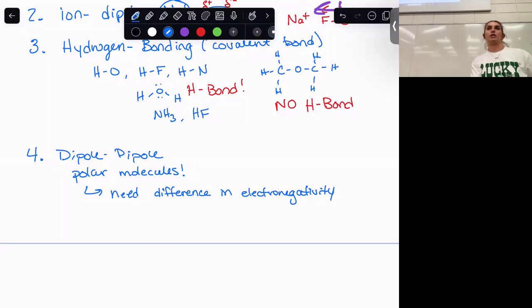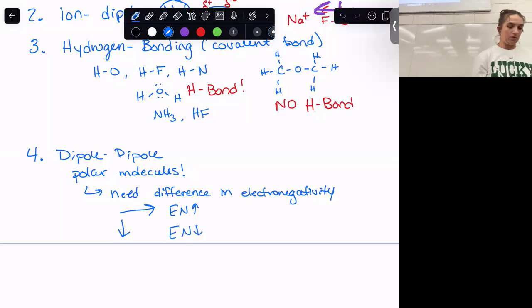What's our trend for electronegativity on the periodic table? If we're going across the periodic table, left to right, yep, electronegativity is going to increase. What if we're going down the periodic table? Decreases. So where is our most electronegative atom? Fluorine.